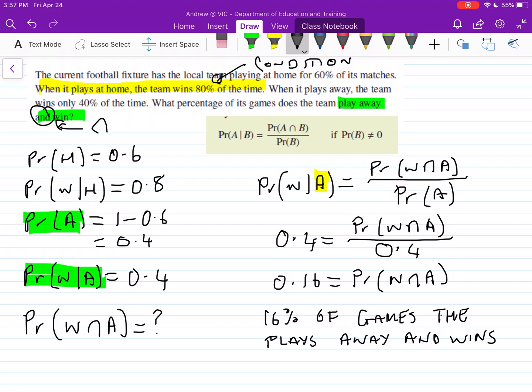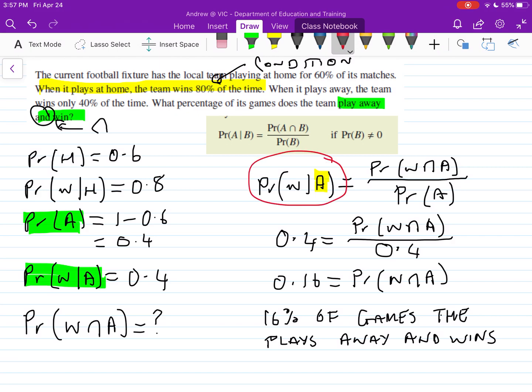And then it's just about getting it in the right order. So for this question here, we're looking at away and at home. That's what it relies upon on how often they win. So that's why it is in this order that we have here.